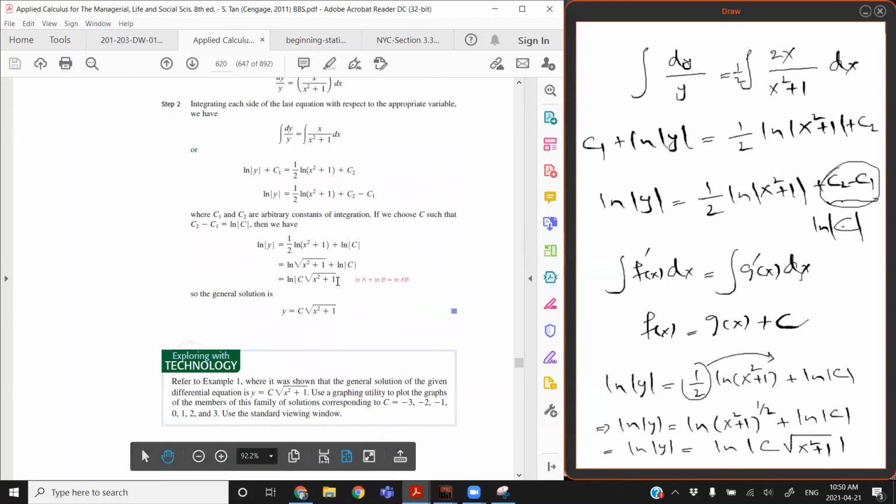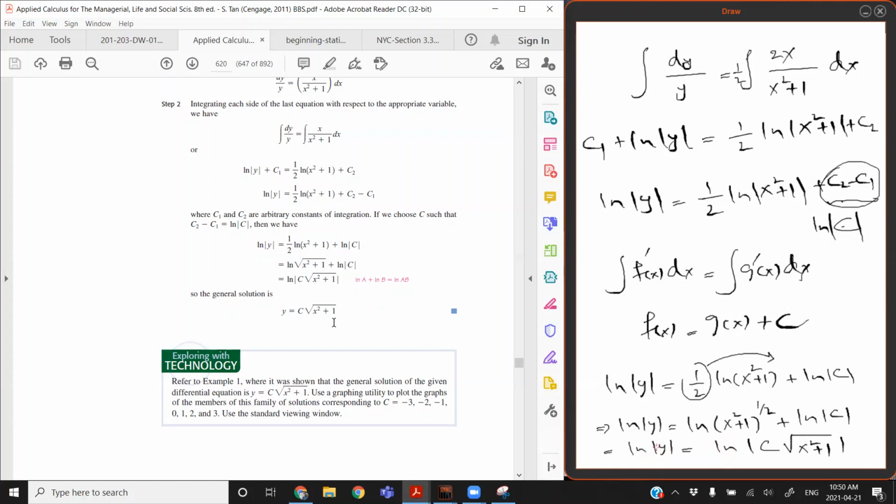So if ln of absolute value of y is equal ln of c root x squared plus 1, then that means y is equal c times root x squared plus 1. I just have ln on this side, and I also have ln on the other side.